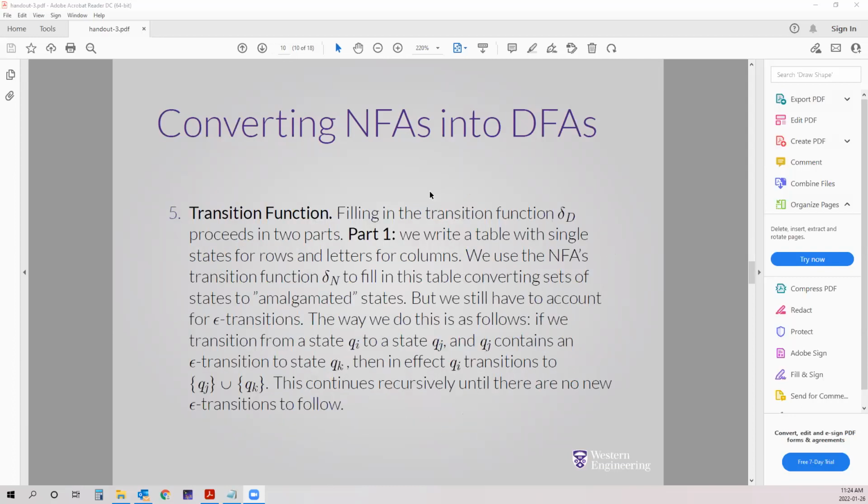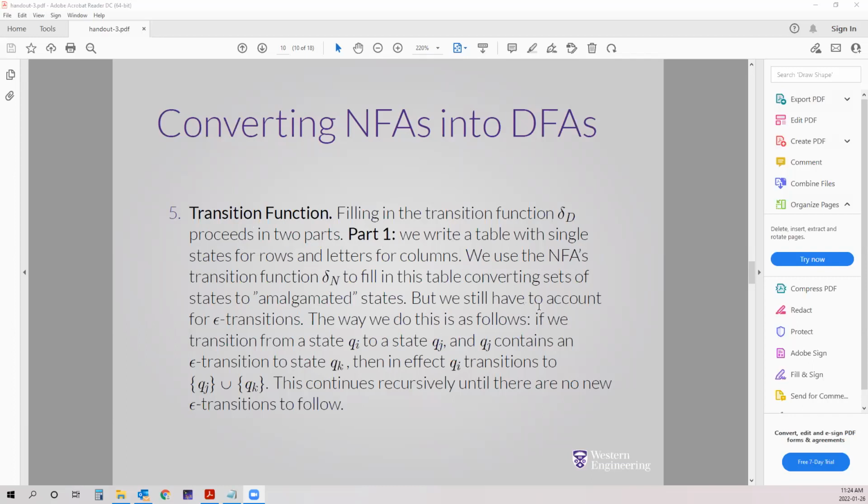The transition function: filling the transition function delta D proceeds in two parts. Part one, we write a table with single states for rows and letters for columns. We use the NFA transition function delta N to fill in this table, converting sets of states to the unified state, or amalgamated states, they call it, but you can use the union state.